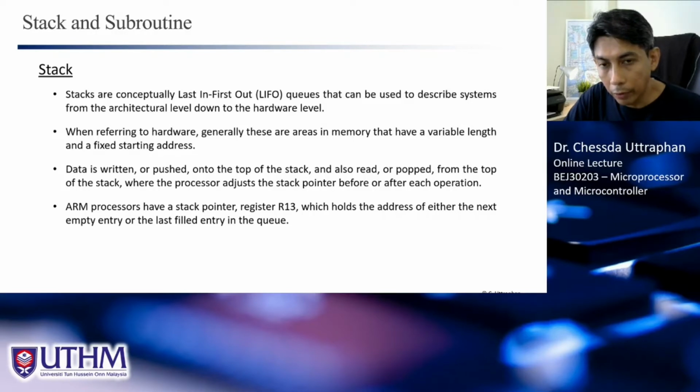So if you want to manipulate data, sometimes we need to keep the data, or we have a huge amount of data. So sometimes we want to keep some of the data and process other data, and want to use the data that we processed previously again. So we need to keep that data, right? So the way to keep the data is to put it in the memory.